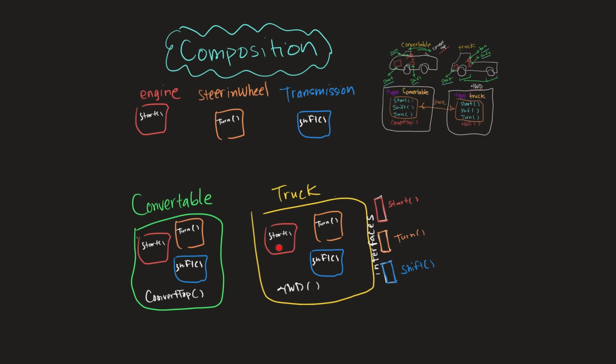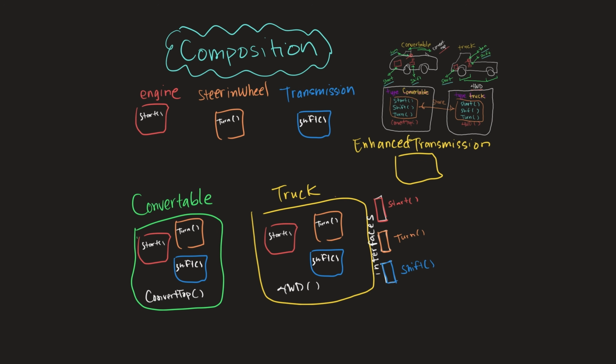And in order for components to be composed into truck, they need to implement these interfaces. And this is going to end up completely decoupling the truck component from the engine, steering wheel, and transmission components. And it's also going to make which components we use in truck more flexible. So for example, what if we have a different type of transmission? So let's say we have enhanced transmission.